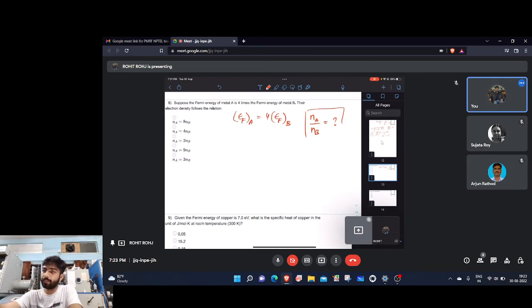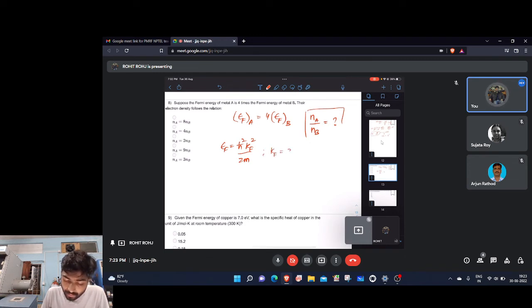Now these Fermi energies are related to kF, the Fermi wave vector, in the following fashion, and kF is related to the electron density as follows: kF = (3n pi square) raised to the power 1 by 3.